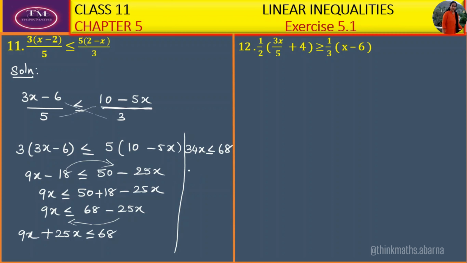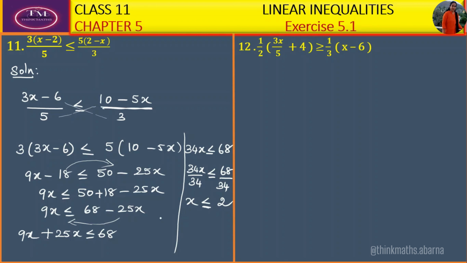So let us divide by 34. So 34x by 34. Now the inequality will not change, we are dividing by a positive number. So less than or equal to 68 by 34. So 34 gets cancelled. x less than or equal to 68 by 34 is, in the 34 table, 2 times is 68. So the answer is 2.